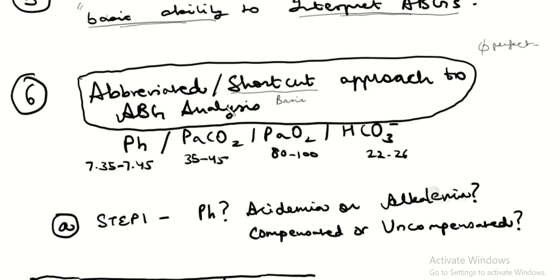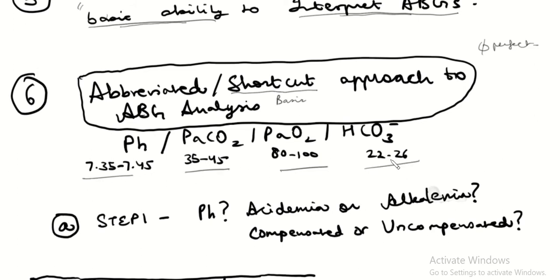But this will give you an ability to do some basic ABG analysis. It's not perfect, but you know what? You're not going into the test dreading as to how you're going to slay those questions. This approach will help you slay those basic ABG questions that are going to be on your school exams. Okay? Here's the steps. So you have to remember the normals.